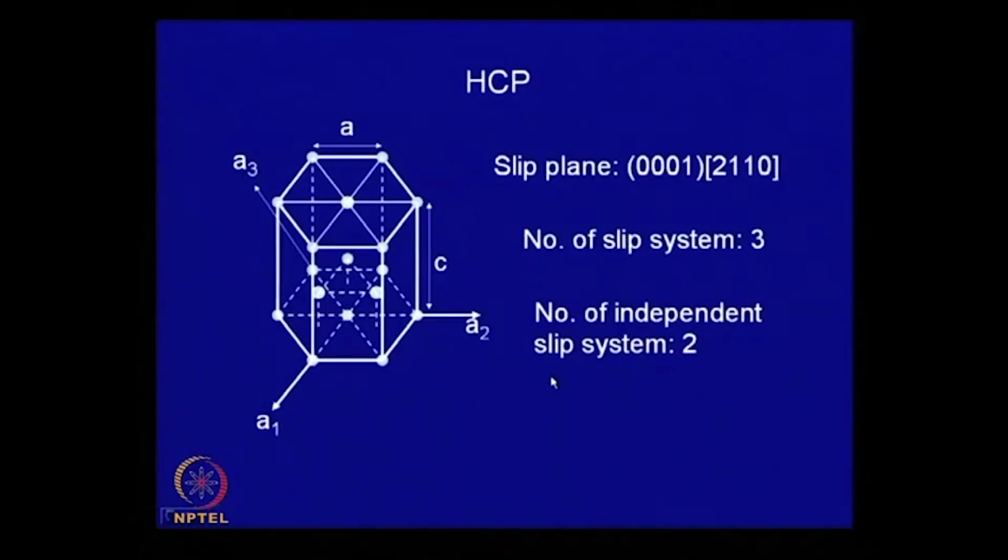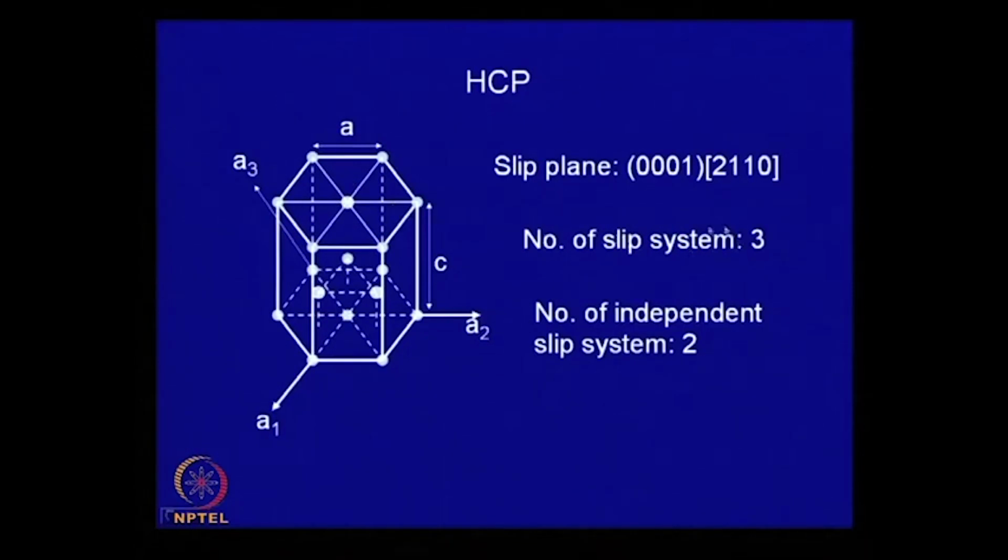Now, hexagonal crystal is shown over here. Here the most close packed plane is the basal plane, that is represented as 0 0 1, and close packed directions are these. This is a close packed direction, this is a close packed direction.